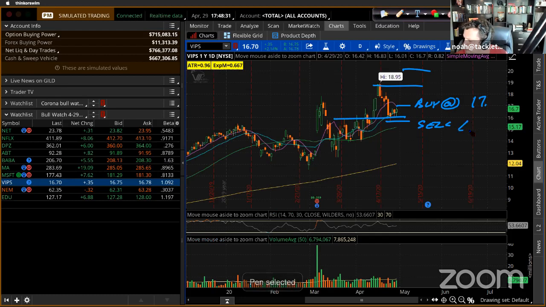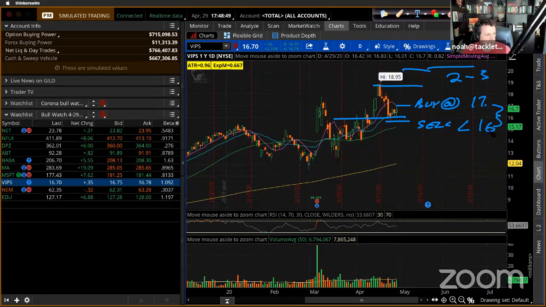We'll say if it's less than 16. And then targets of 19 and 20. So that gives you, I think, 2 to 3 points of upside potential. So do you think that a $1 risk for a 2 to 3 point upside is worthwhile?